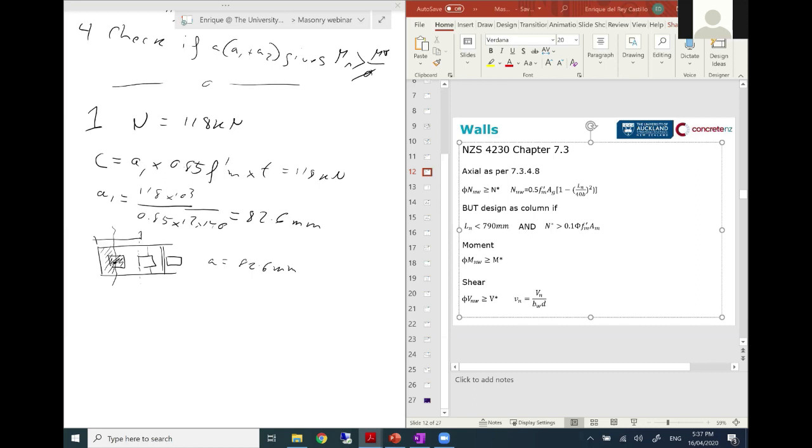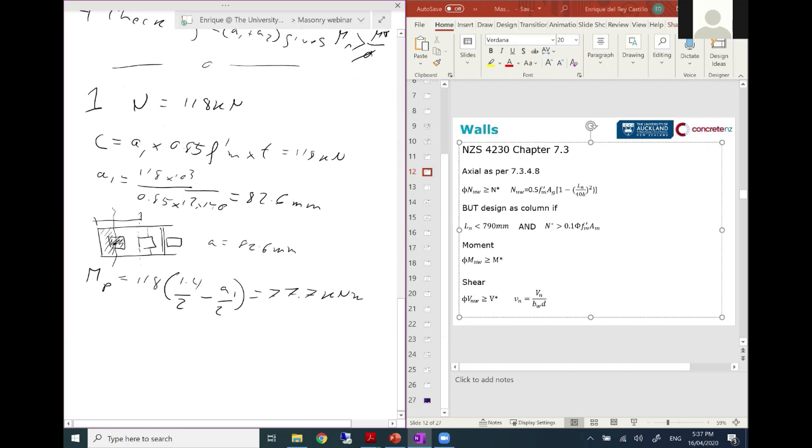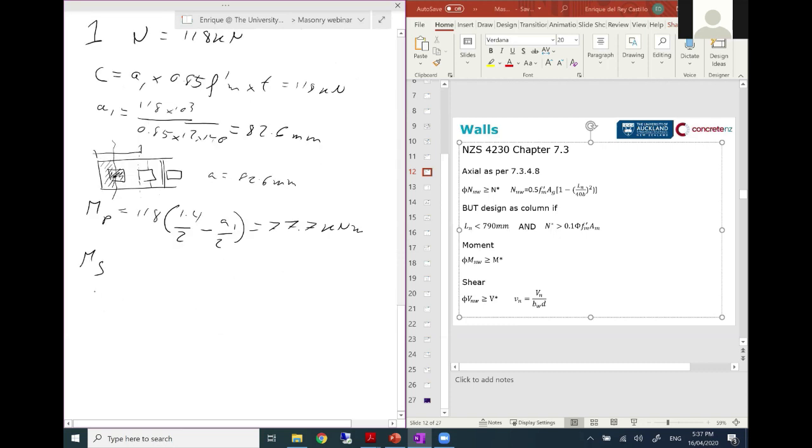Right, so now once we have that A, we can calculate the moment coming from the axial load, which is my N times the distance, 1.4 over 2 minus A1 over 2, and this is 77.7 kilonewton meters. Now we can calculate my MS because it has to be Mn minus the moment coming from the axial load.